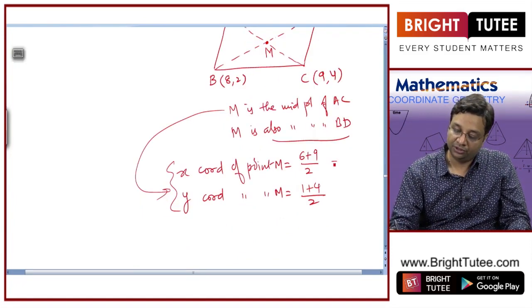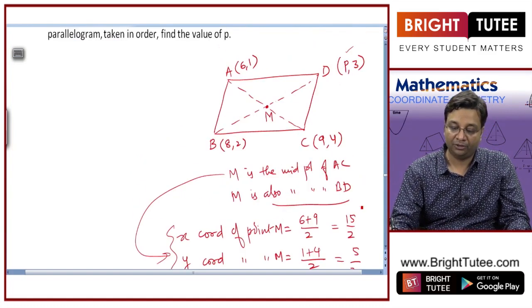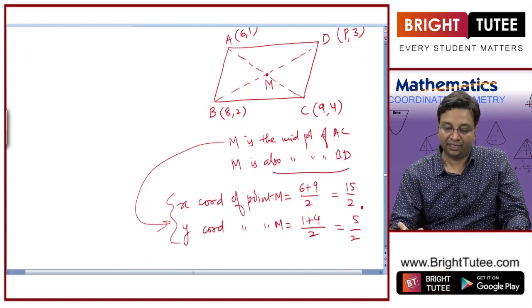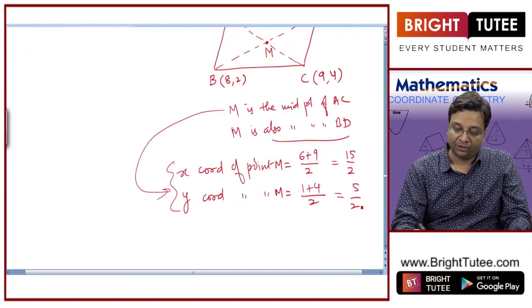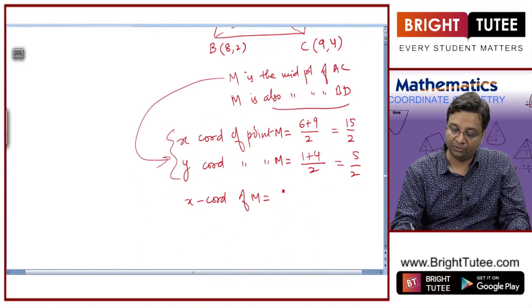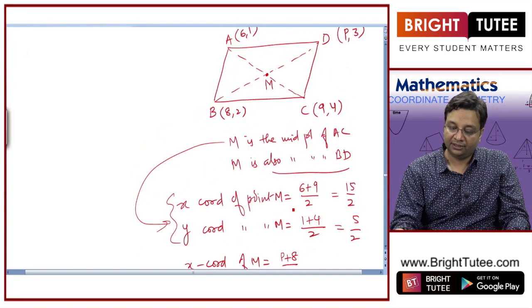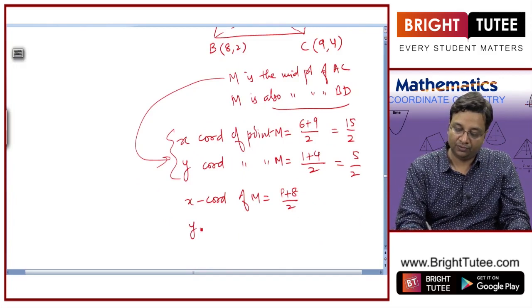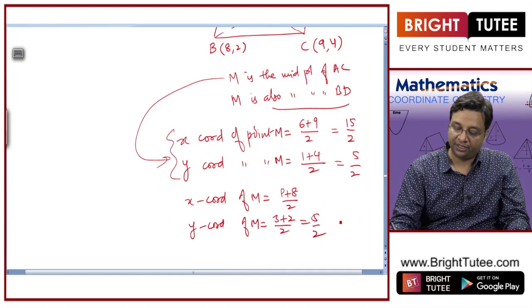So this will be 15 by 2, this will be 5 by 2. Now let me use the other diagonal, diagonal BD. It will give the x coordinate of M as P plus 8 by 2 and the y coordinate as 3 plus 2 by 2, which is 5 by 2.